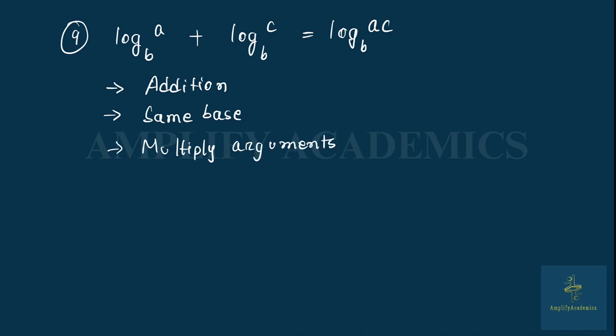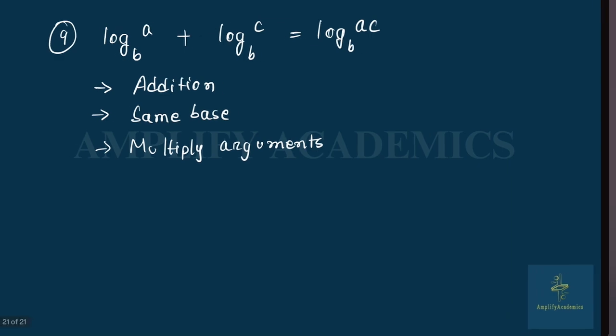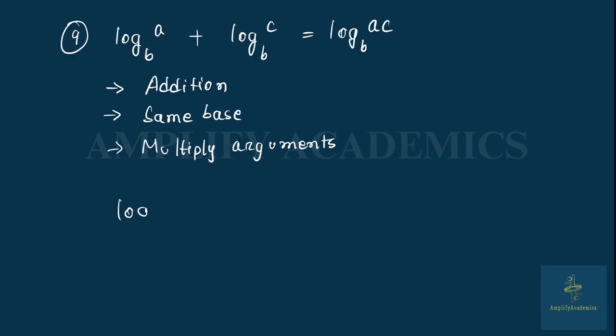That's how it works. Now, in case you're wondering what happens when we have different bases, let's say log base C and argument A plus log base B and argument D. In this case, nothing's going to happen, no operation.